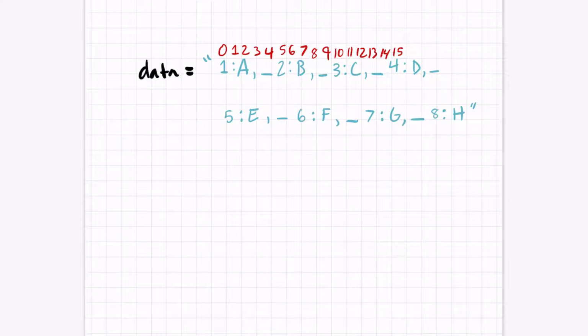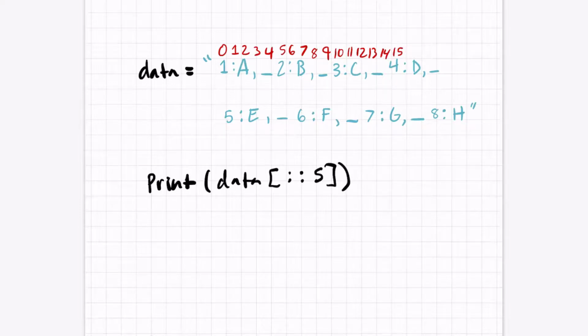So the first one, which was our example, let's see, it was print, data, and then the colons, and 5. So again, let me use a smaller one. This can be your start. This is going to be your stop.